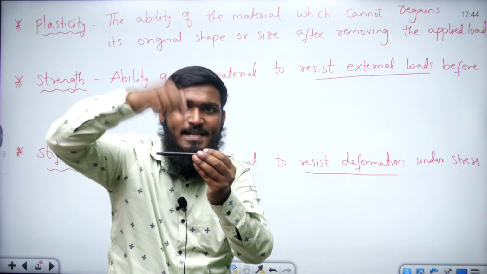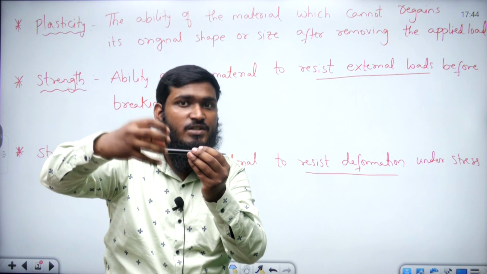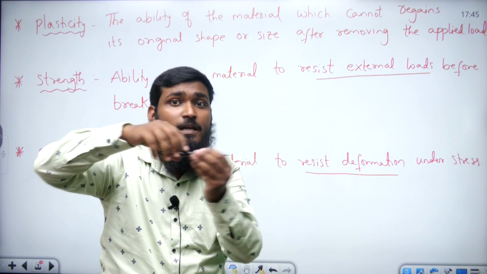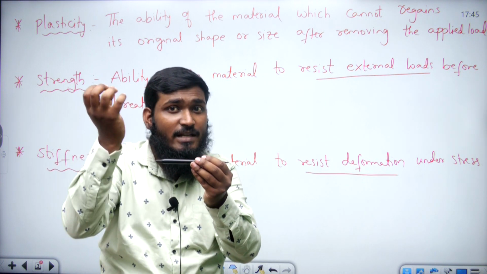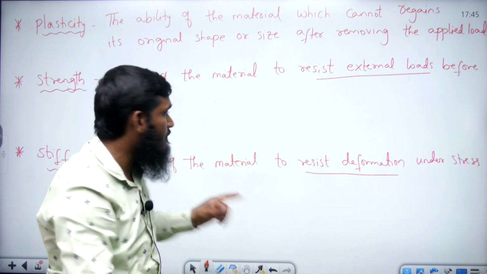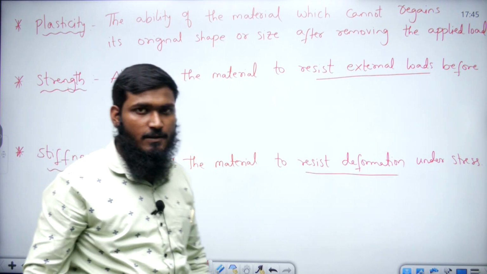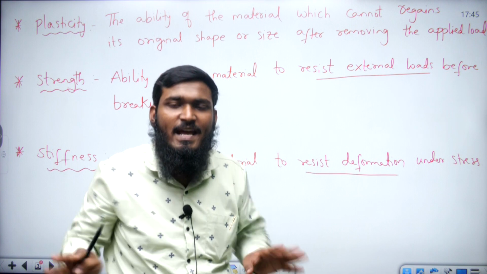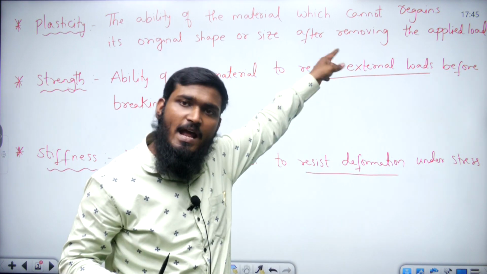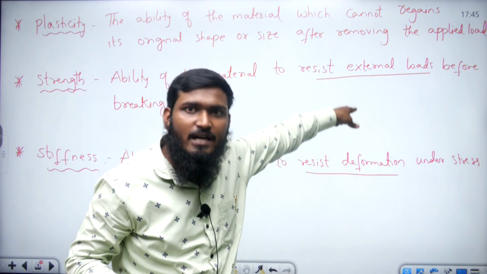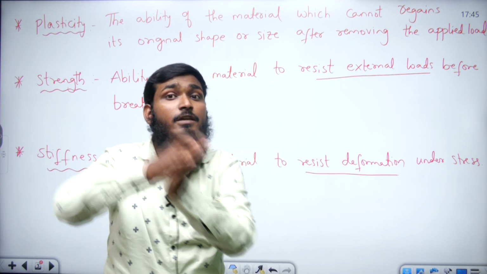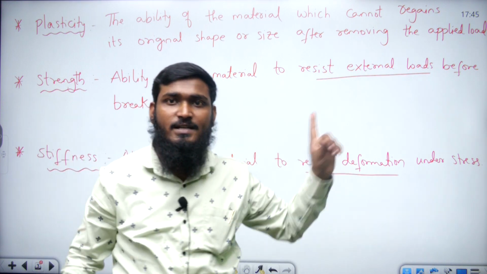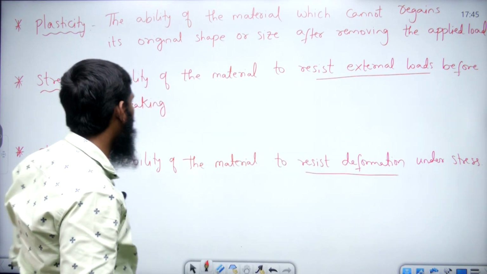Whenever the load is applied, stress will be produced, and we are not having any deformation. That resisting of the deformation, we call it stiffness. We are not having any changes. But over here in strength, deformation is occurring in the body, but it is resisting from the breaking point, failure point. So it is resisting the external load.